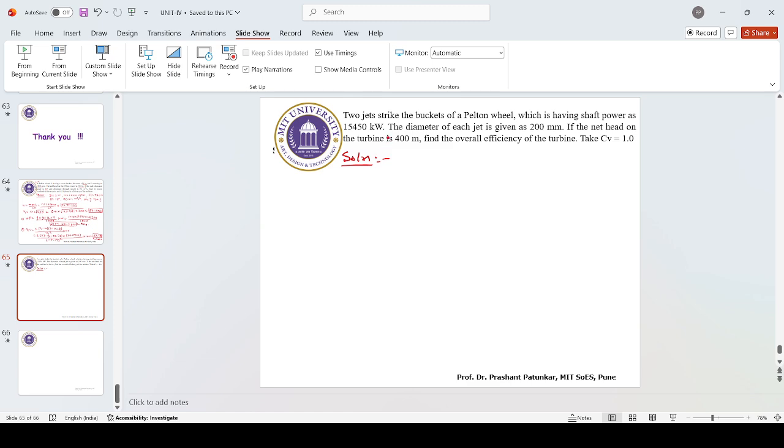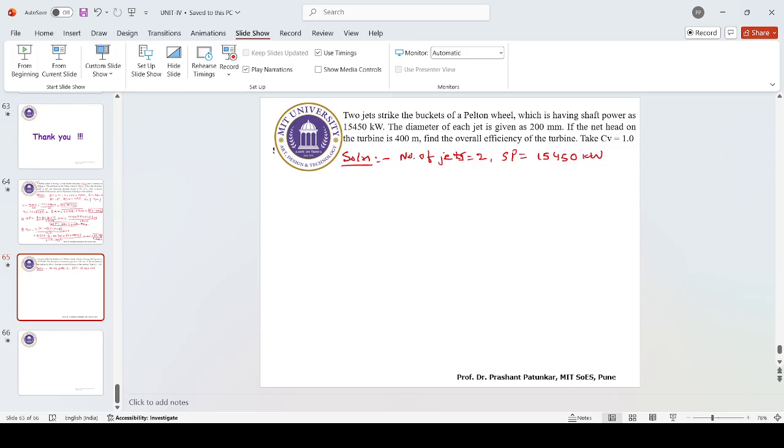The number of jets used here, I will write down, is two jets, and the shaft power SP is 15,450 kilowatt.